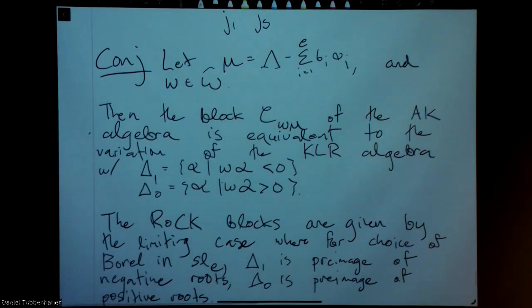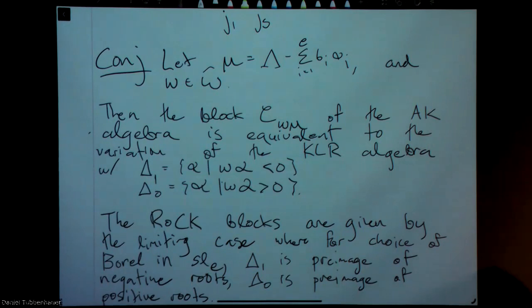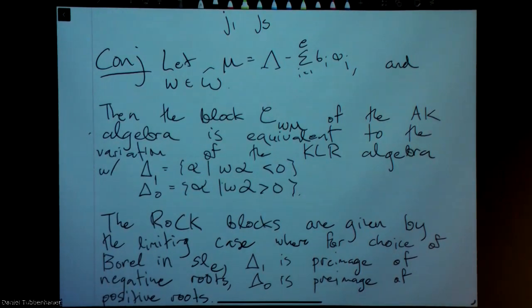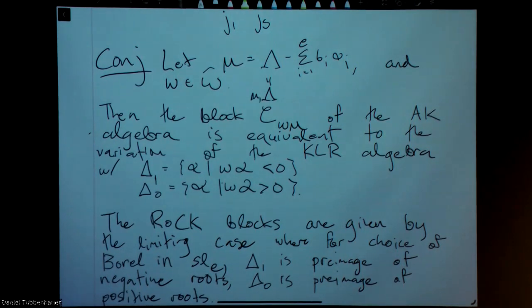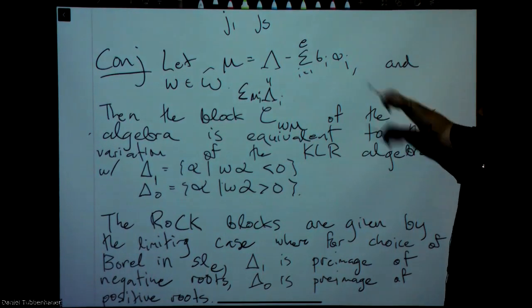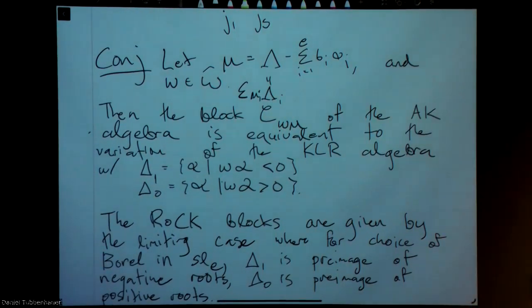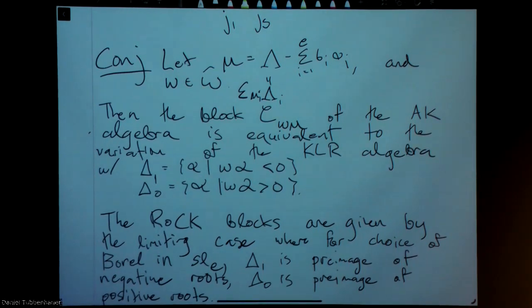All right. So fix our usual kind of thing. Let mu be some highest weight. This highest weight is going to be the sum of the mi lambda i's, subtract off bi copies of each simple root. And consider an element of the affine Weyl group.